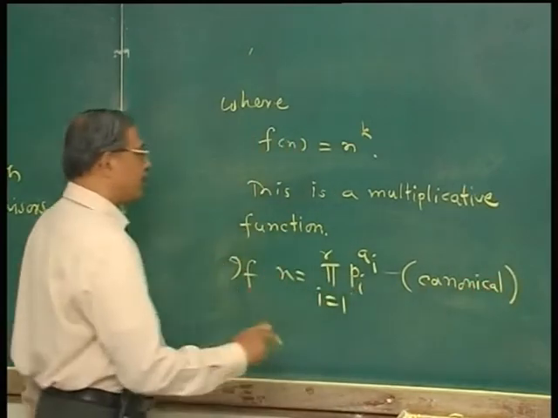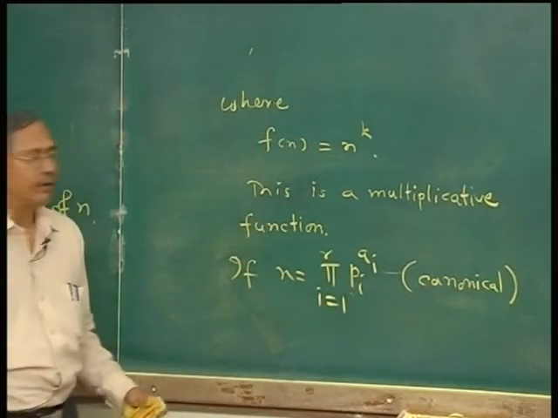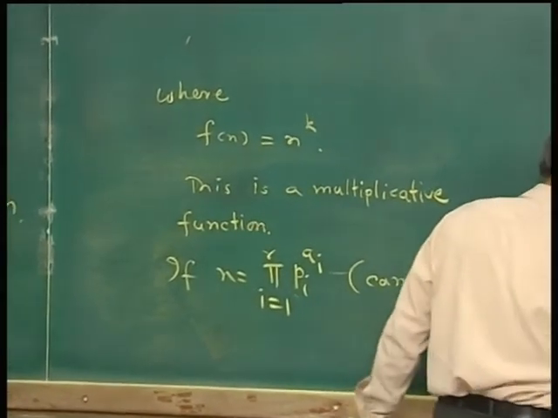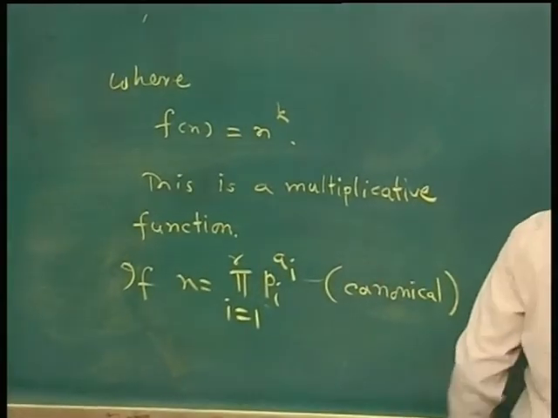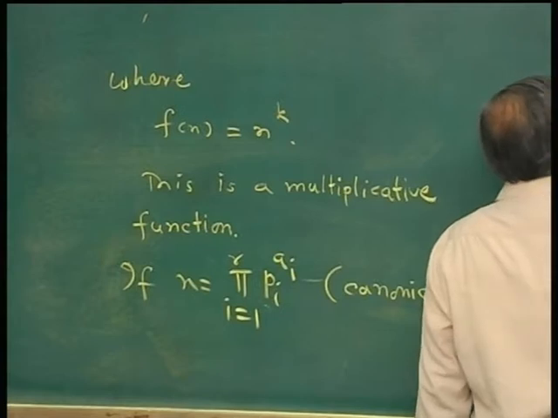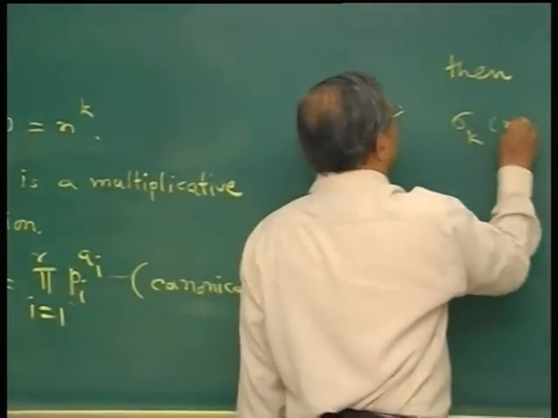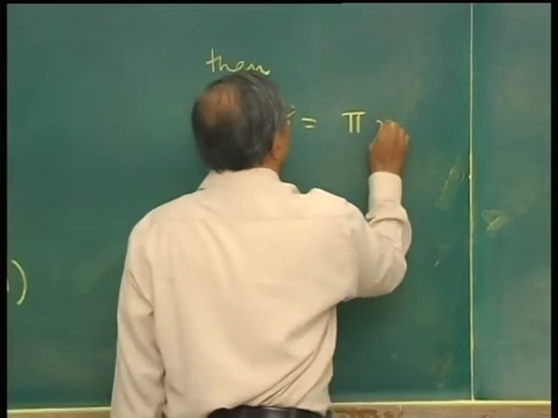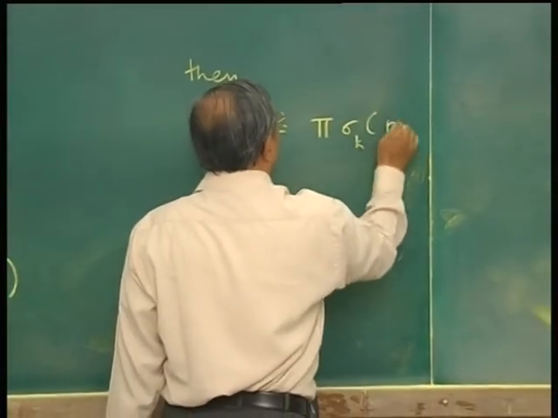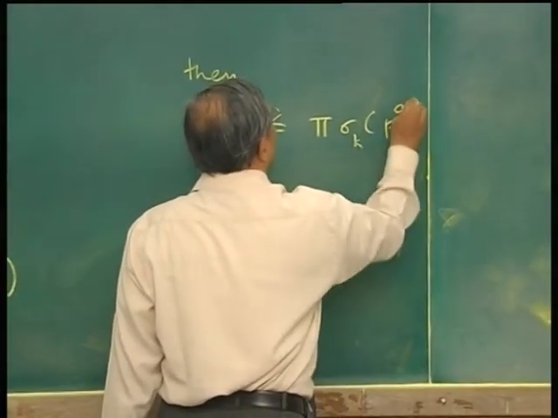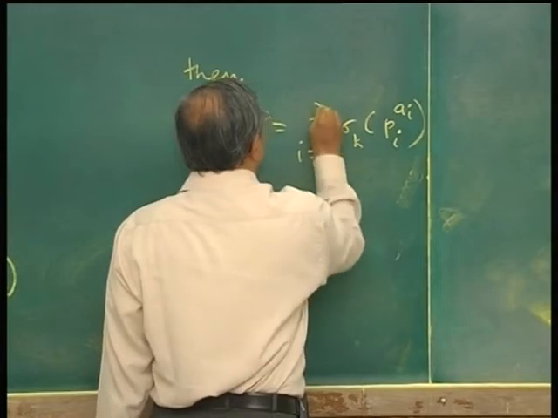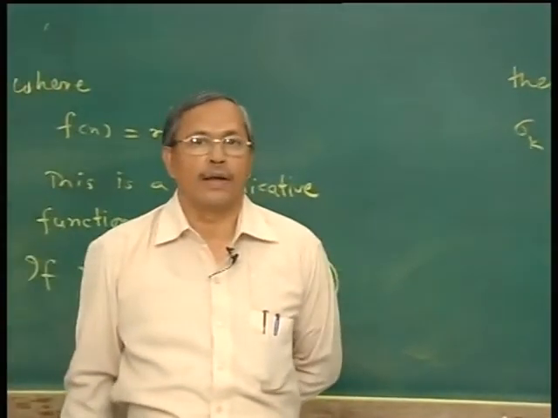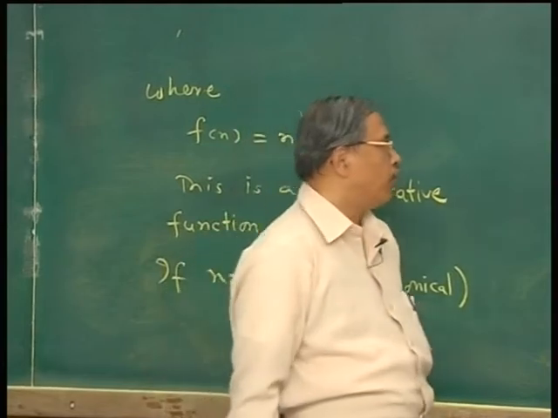Canonical means pi are distinct primes and ai are bigger equal 1. Then sigma k of n equal to product sigma k of pi raised to ai, i equal to 1 to r. Sigma k of n can be obtained from sigma k at prime powers.